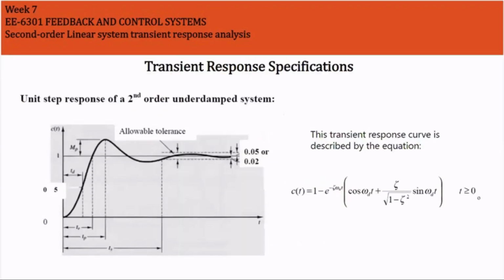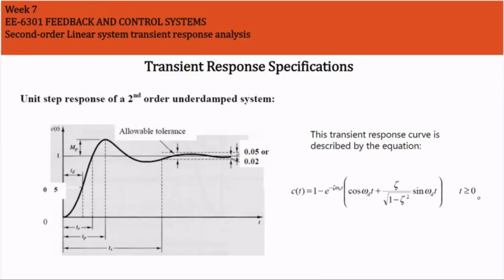So what are the transient response specifications when it comes to feedback? You have the unit step response of a second order underdamped system. As you can see, you have X and Y axes, correlating to different parameters. This transient response curve is described by this equation.